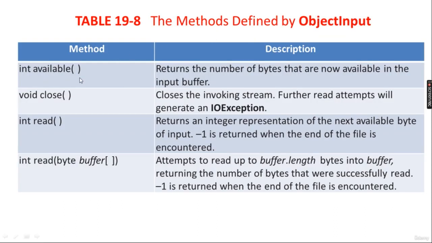Methods defined by ObjectInput: available returns the number of bytes that are now available in the input buffer. Void close closes the invoking stream. Further read attempts will generate input output exception. Int read returns an integer representation of the next available byte of input. Minus 1 is returned if the end of file is encountered. Int read(byte[] buffer) attempts to read buffer.length bytes into buffer, returning the number of bytes successfully read.